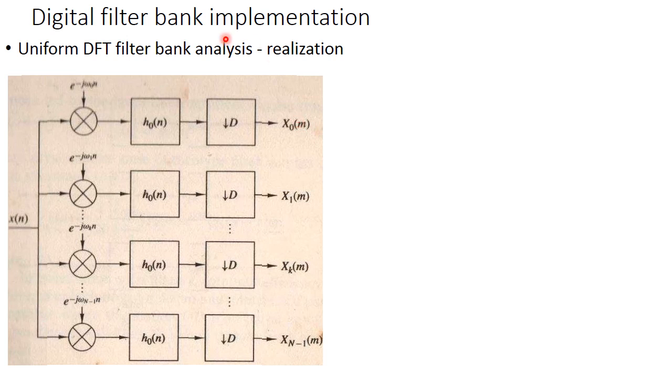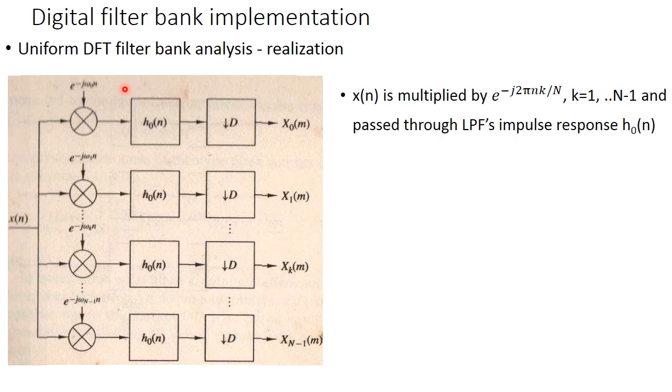Initially x(n) is multiplied by e raised to minus j omega k into n factor, that is, e raised to minus j 2 pi n k by N, where k is 1, 2 up to N minus 1.